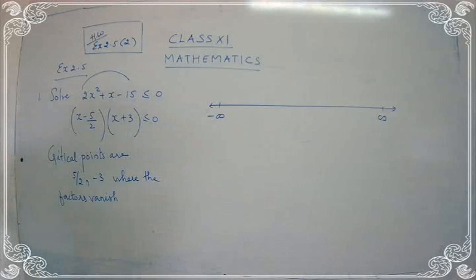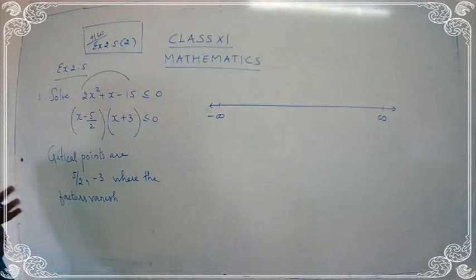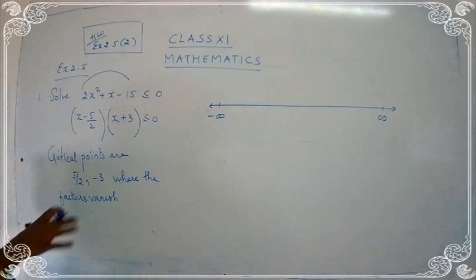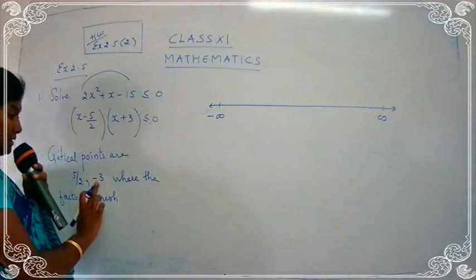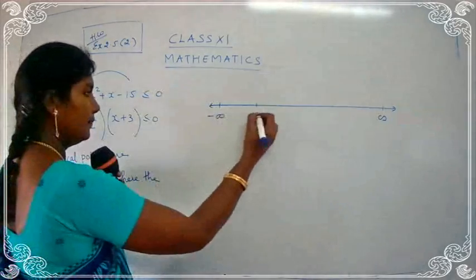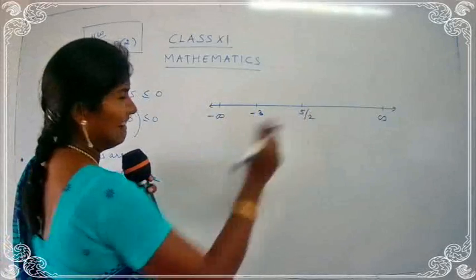Now you have to plot out the two critical points. What are the critical points we have got? We have got 5 by 2 and we have got minus 3. So just imagine where these 2 points are going to occur. So minus 3 is somewhat this side, which is going to come on the left side. So put here minus 3 and somewhat here you are going to get 5 by 2. I am not going to take any other number.